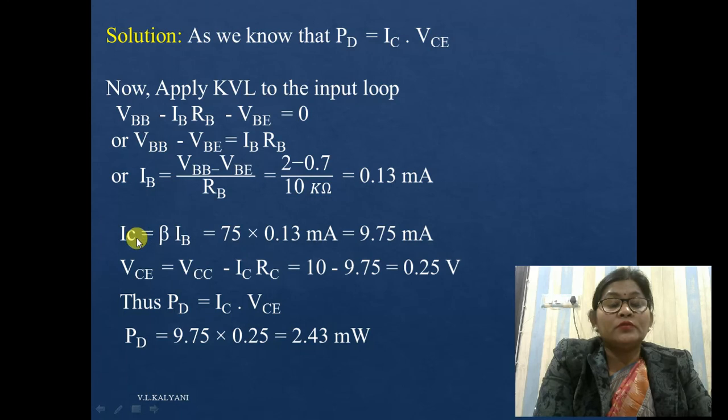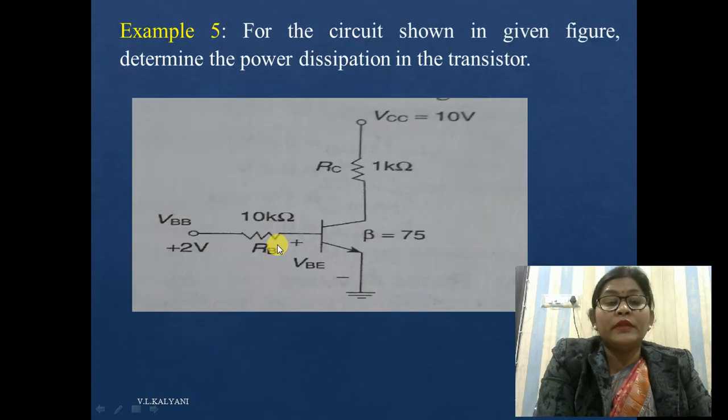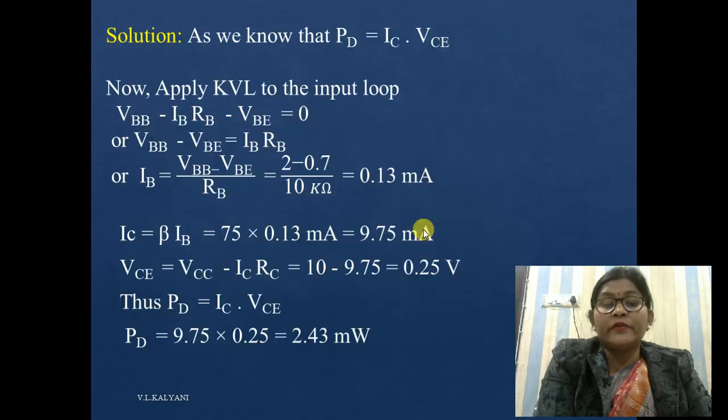To calculate the collector current, as you know, beta is equal to IC upon IB. So the collector current is equal to beta into IB. The beta is 75, already given over here, into 0.13 milliampere.